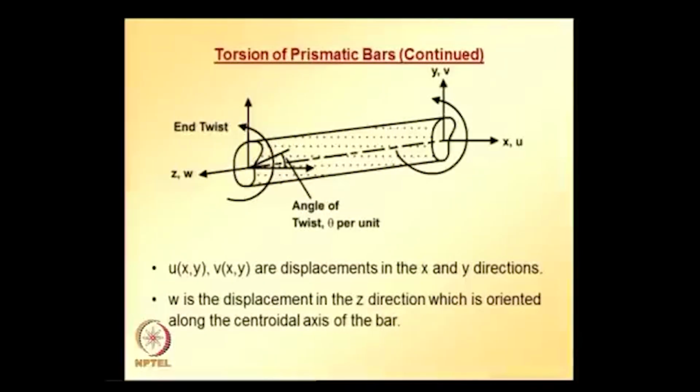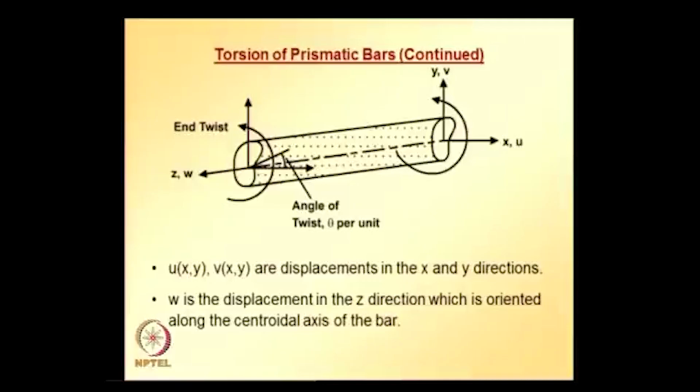So, this figure shows variables associated with the torsion problem. u as a function of x y, v as a function of x y are the displacements in x and y directions.